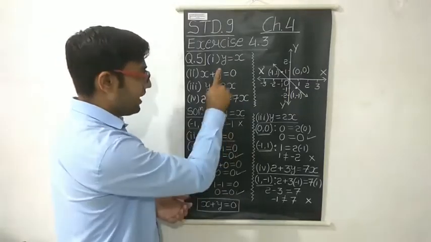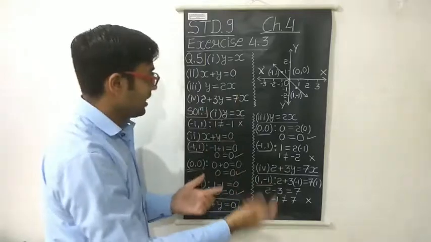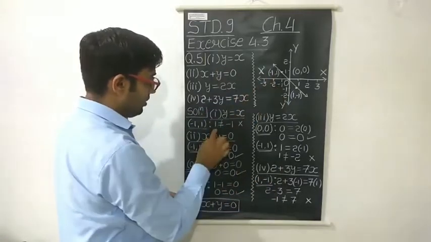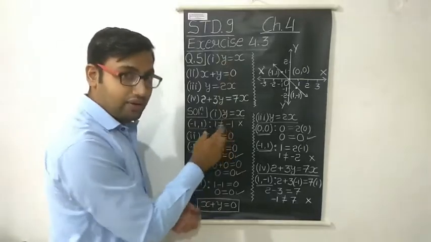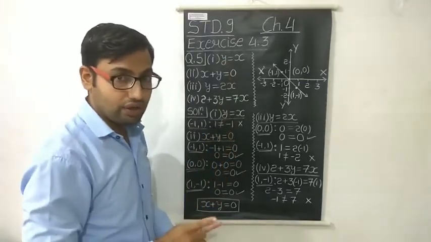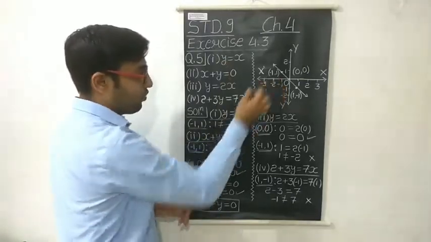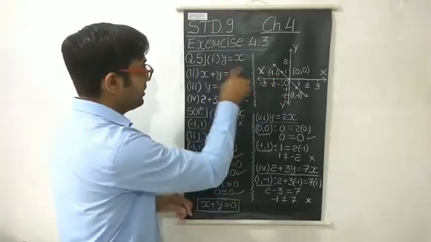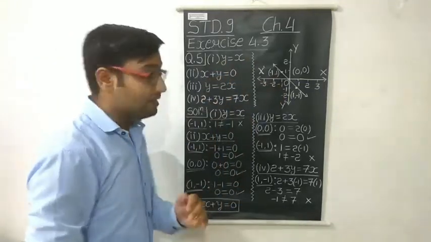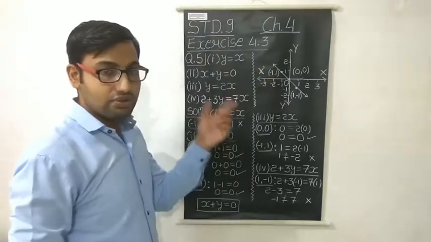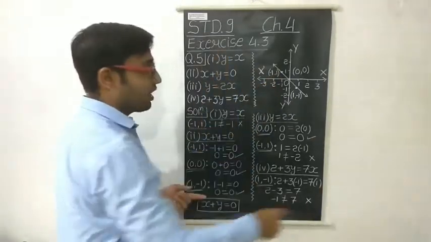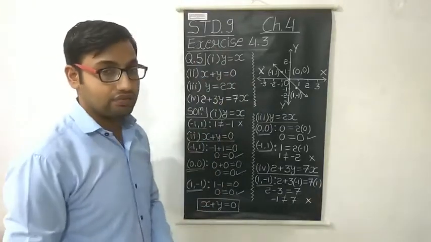Since y equals x, y means 1 and x means -1. Are they equal? No, they are not equal. That means the first point does not satisfy this equation, so this is not the graph of this linear equation.